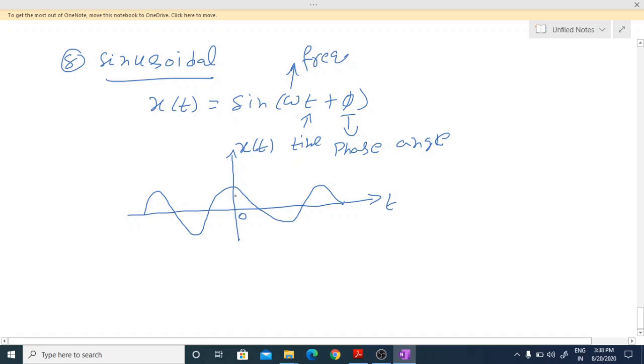So here the values are 0, plus 1, minus 1. So this is the sine cosine signal.